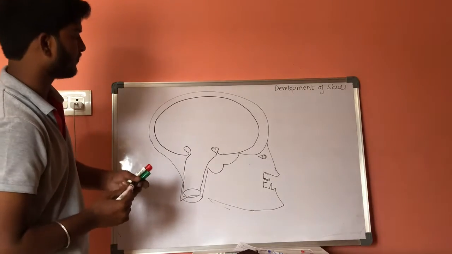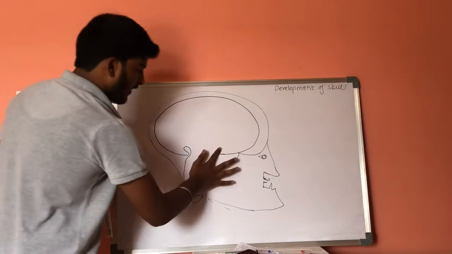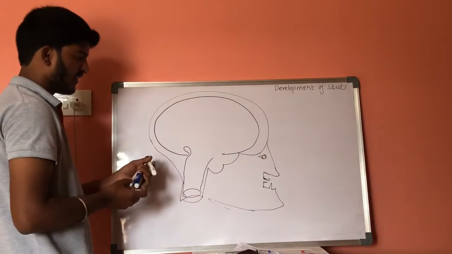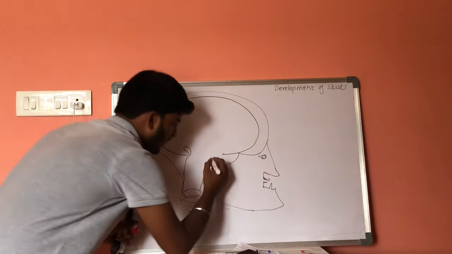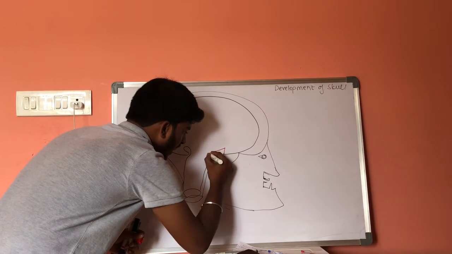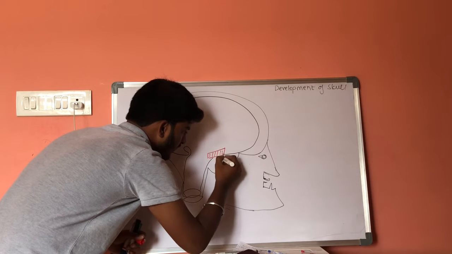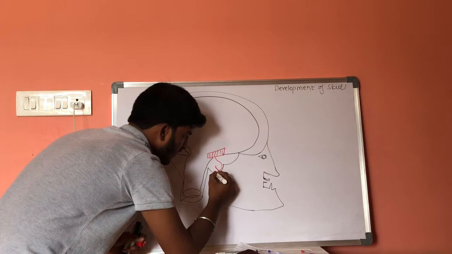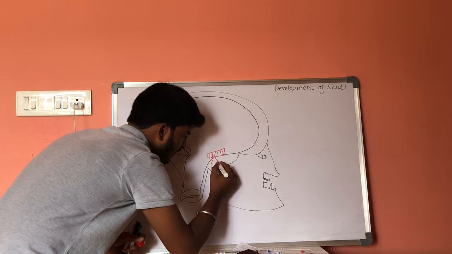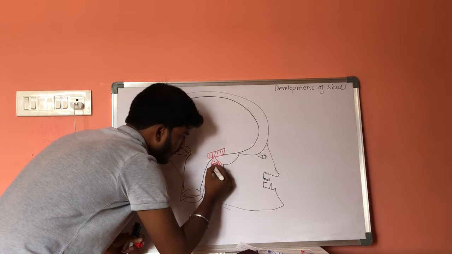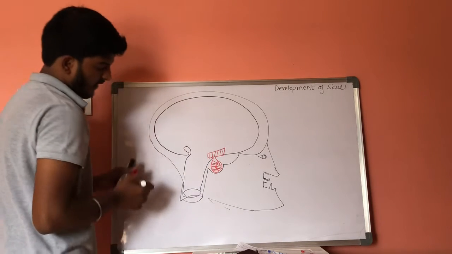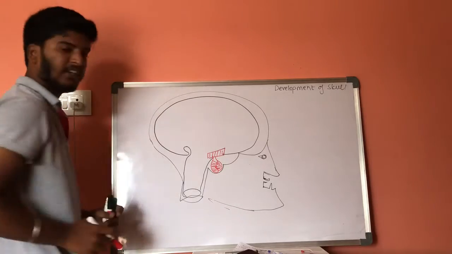Now here there is a special structure that is called the hypothalamus. Under this it consists of the pituitary gland.